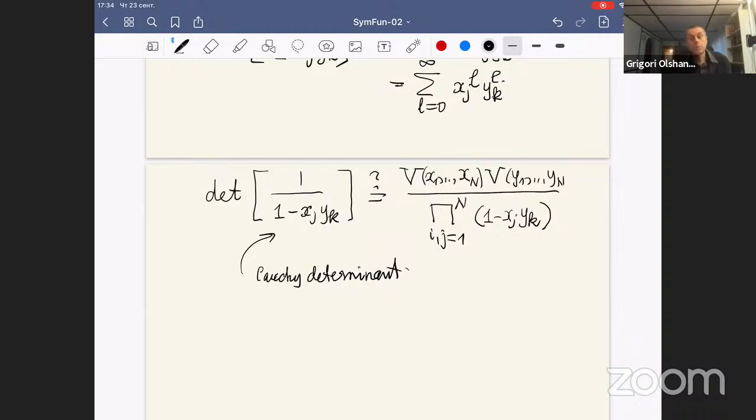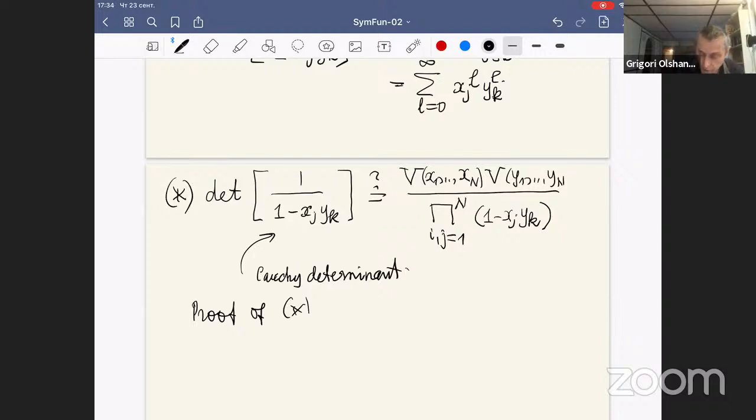And probably we know how to prove this. This is a fact from elementary algebra. One possible proof, which uses some general and useful idea, is as follows. So proof of a Cauchy determinant formula is as follows.